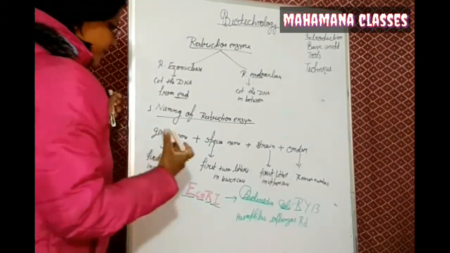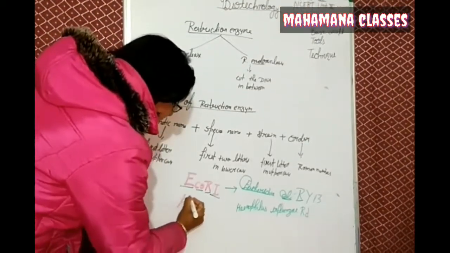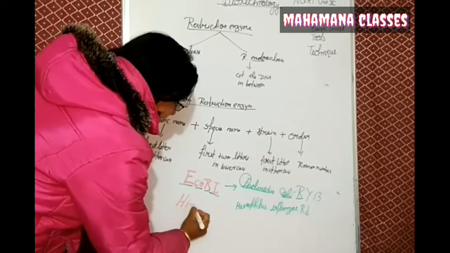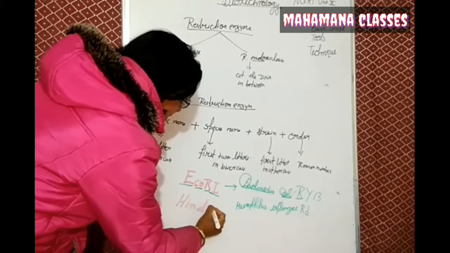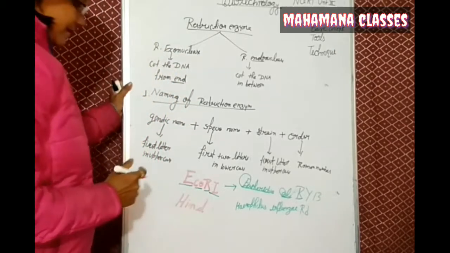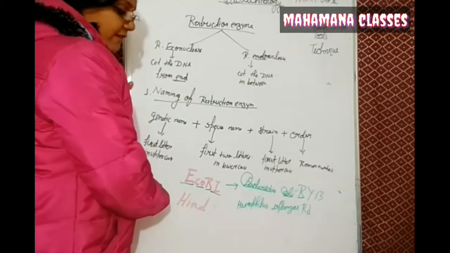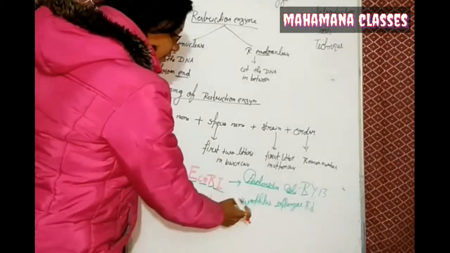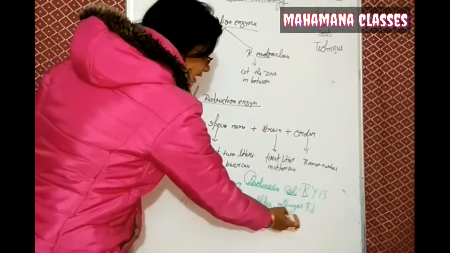For example, there is an enzyme HindIII. This restriction enzyme we found from Haemophilus influenzae.